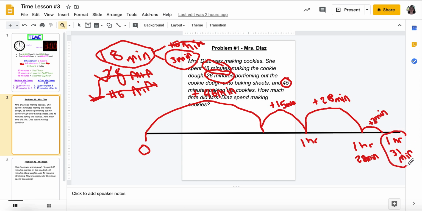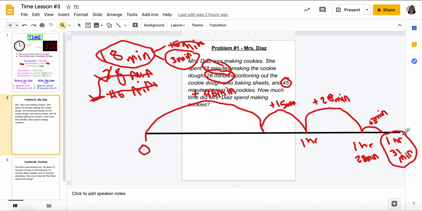Right? So that's how we can use an open number line to break down a lot of the minutes that it's going to give us. Because, like I said, you could add all the minutes together, but the answer is not going to be set in minutes. If I added 18 plus 28 plus 45, I would get 91 minutes.